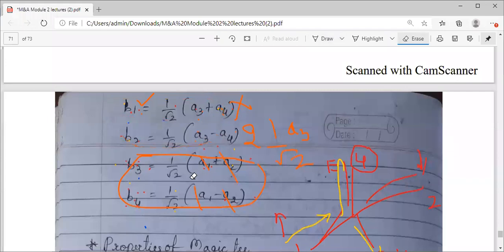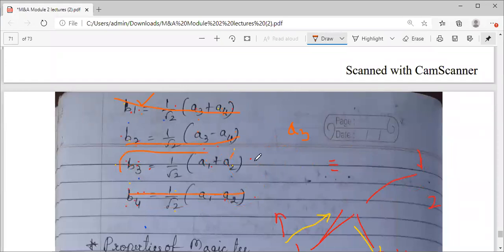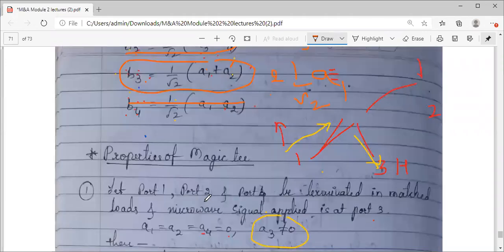So A3 and A4 both are 0. So this time, these two will not come. A3 and A4 0 हैं. So taking A1 equals A2, ये भी 0 हो जाएगा. Only this will come, B3, which is 2 times 1 by root 2. Either you take A1 or A2, magnitude is same, 2 times. So only at B3 you are getting the value.